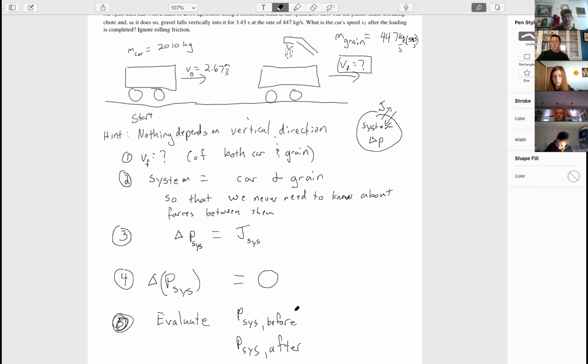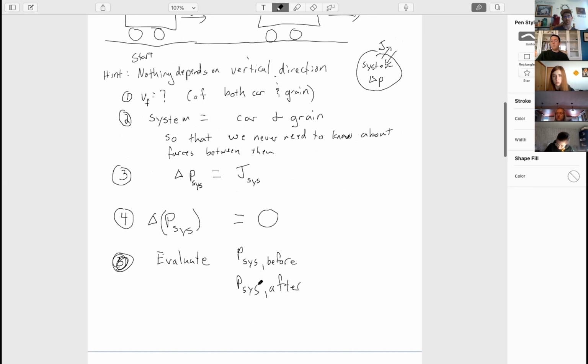That'll be a symbol, a formula. And then use delta P equals 0 to find the final velocity. Okay, so that's the plan.